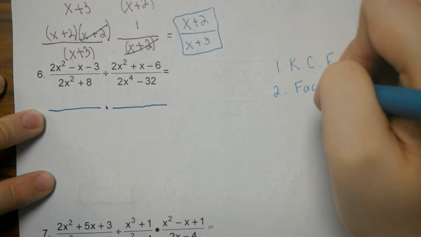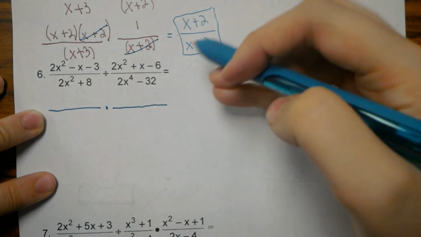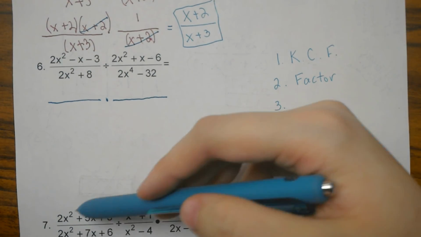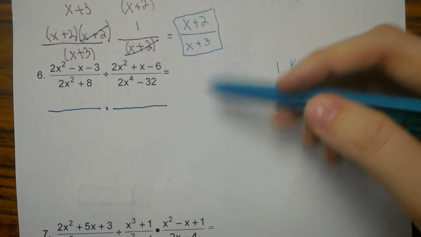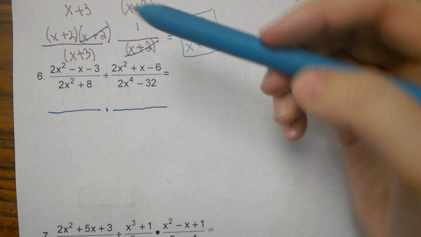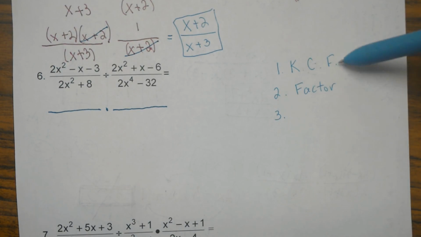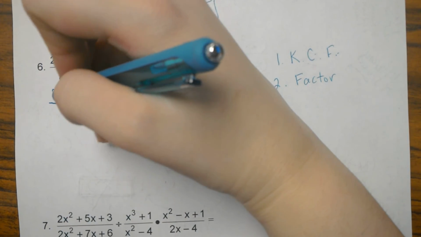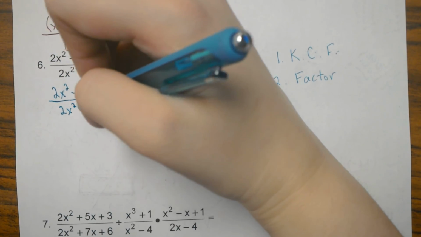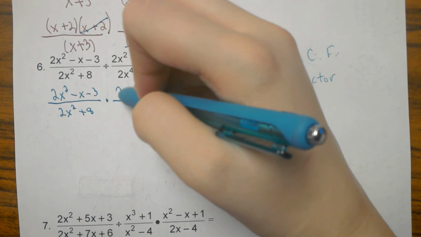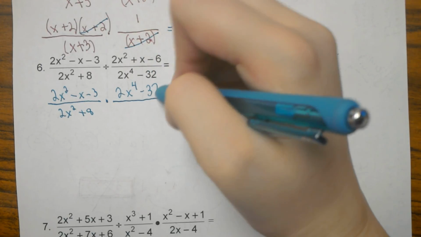And then factor. Otherwise, I could have a lot of factors running around, like on number 7, and then I flip the wrong fraction or something, so I'd rather just keep the original and do the keep change flip before I factor. There's many ways to mess these problems up.